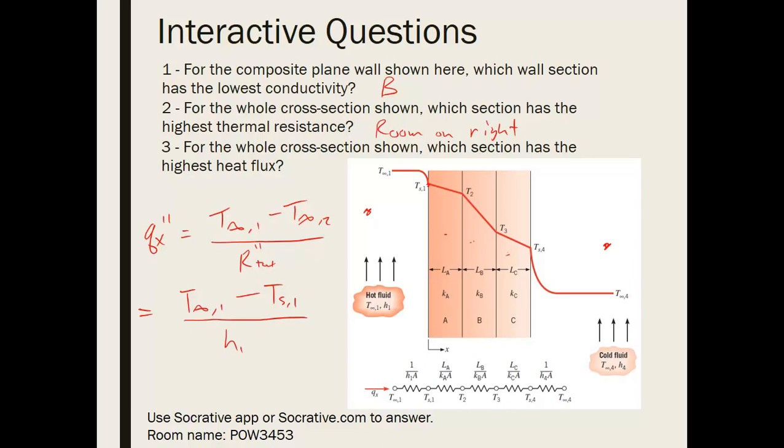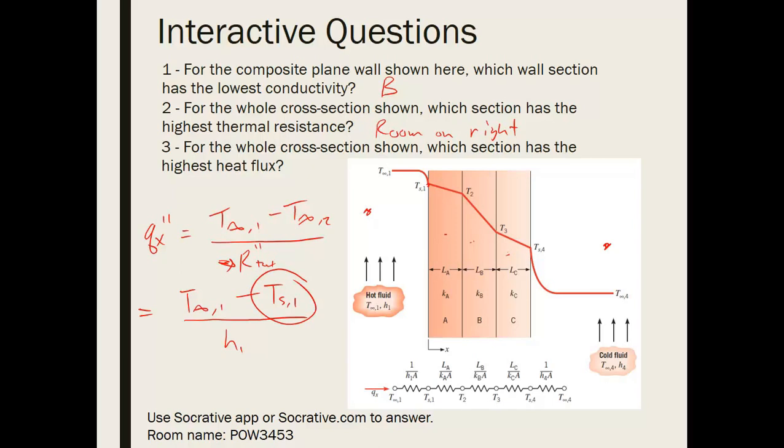You can set these equal to each other and use that to solve for something you might not know before, something like T_s1. You'd have to know something about the heat transfer coefficient, but you would already know that. So you can use these relationships to create multiple algebraic equations.